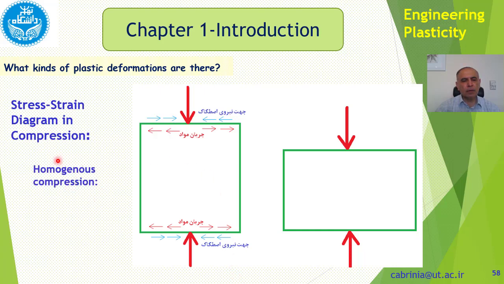Now we have this homogeneous compression, which is like this. I mean, the deformation everywhere is homogeneous. That is to say that the deformation, as we increase the load, does not change from place to place. Everywhere is the same. Okay.